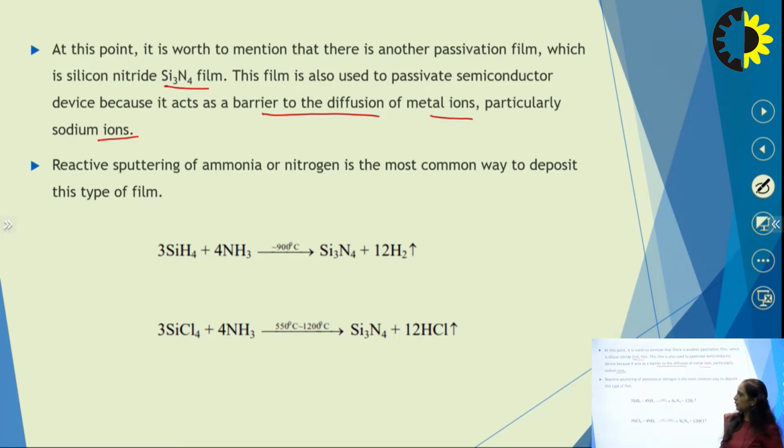Reactive sputtering of ammonia or nitrogen is the most common way to deposit this type of film. In these reactions, we can see how the silane material is used to form the silicon nitride layer, which is used to protect the wafer from the metal ions.